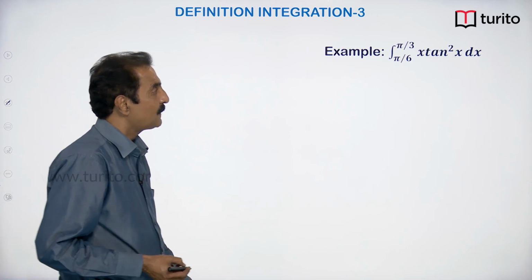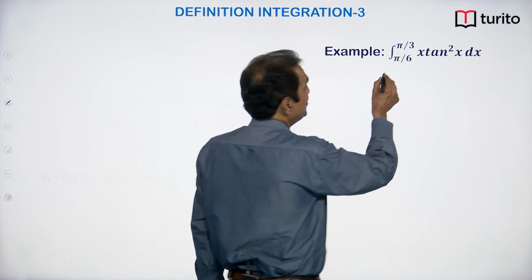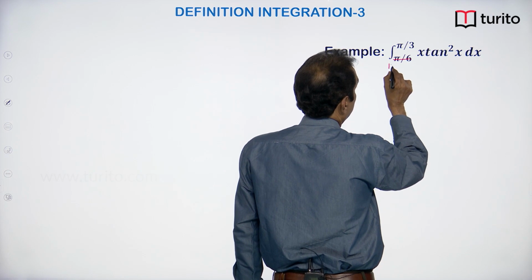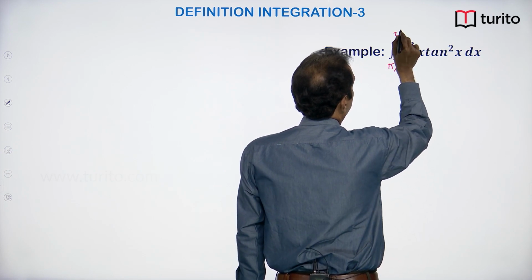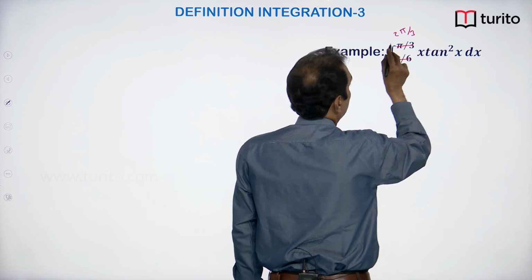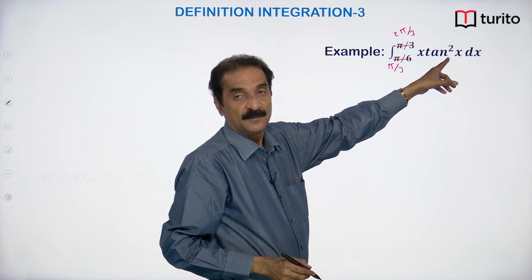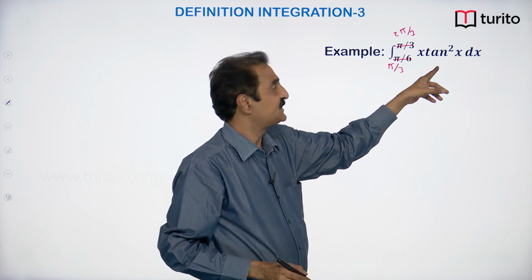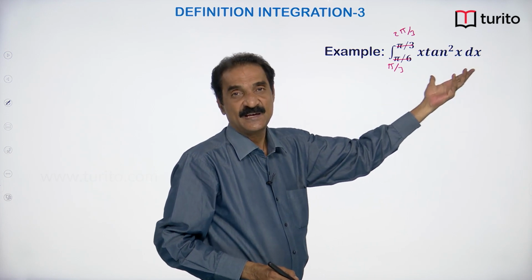One example, actually here limits must be corrected. Let us take pi by 3 to 2 pi by 3. Then a plus b minus x is, a plus b is what? Pi, pi minus x. If you replace x by pi minus x, tan square x remains same.